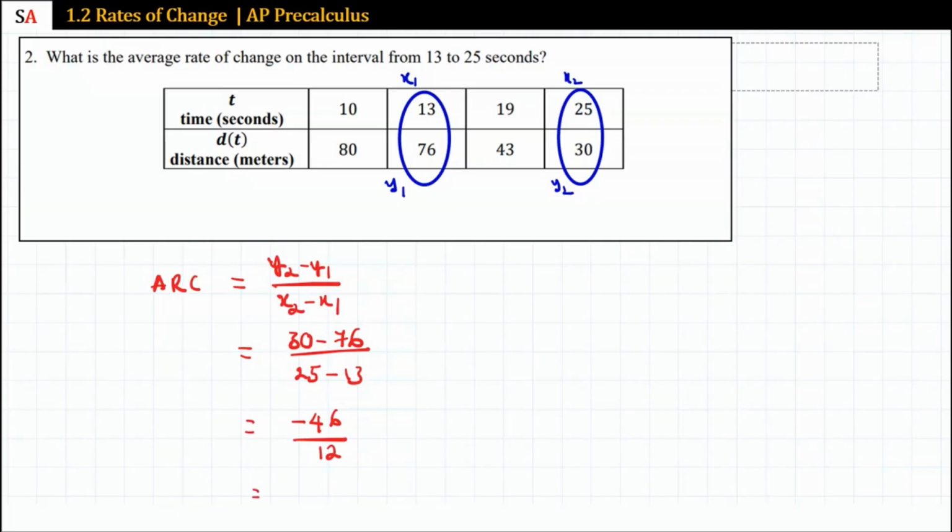So this is equal to negative 46 over 12, or you can simplify this one. Dividing by 2, we get negative 23 over 6, or negative 3 and 5 over 6. So this is the average rate of change between 13 and 25 seconds.